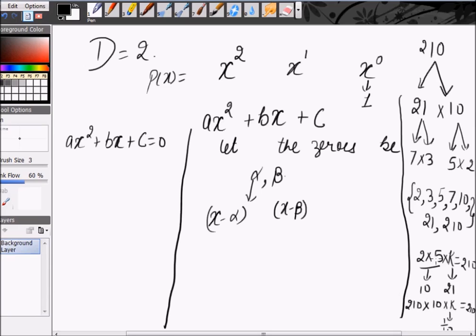Thus, here x minus alpha and x minus beta are two factors of p of x. To get p of x as a whole, we will again need a number k. Now here k can be a constant, a real constant.